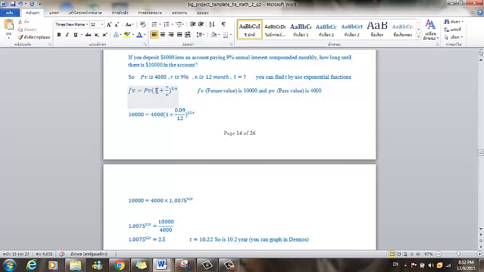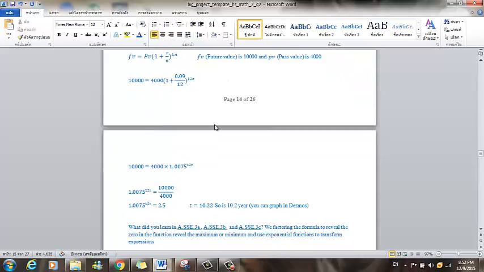We already know R, which we change by dividing by 100, and we get 0.09 over 12, and the exponent is 12 times T. So we get this when we simplify.